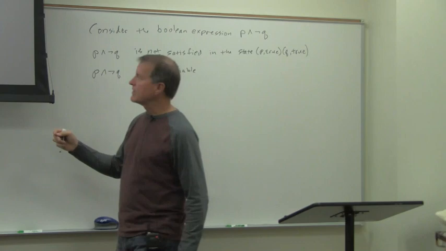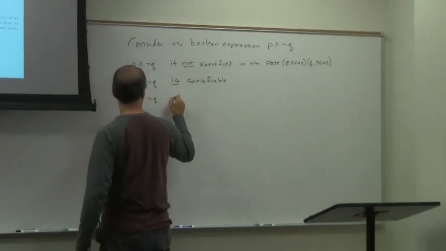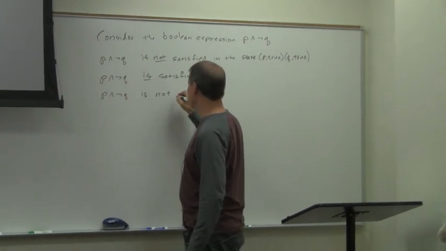Now, what's the next definition? P is valid if it is satisfied in every state. Well, is this valid? Nope. Why not? Pick anything other than the one I just said, and it's satisfied. Yeah, it is not valid.